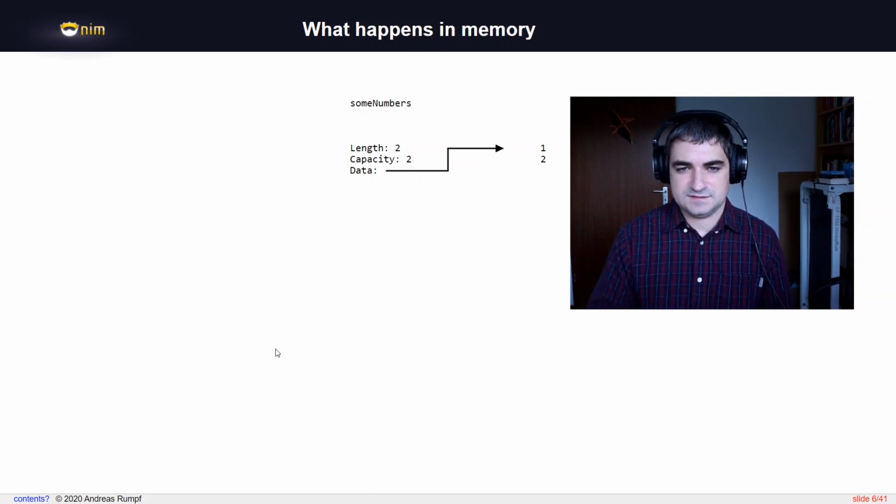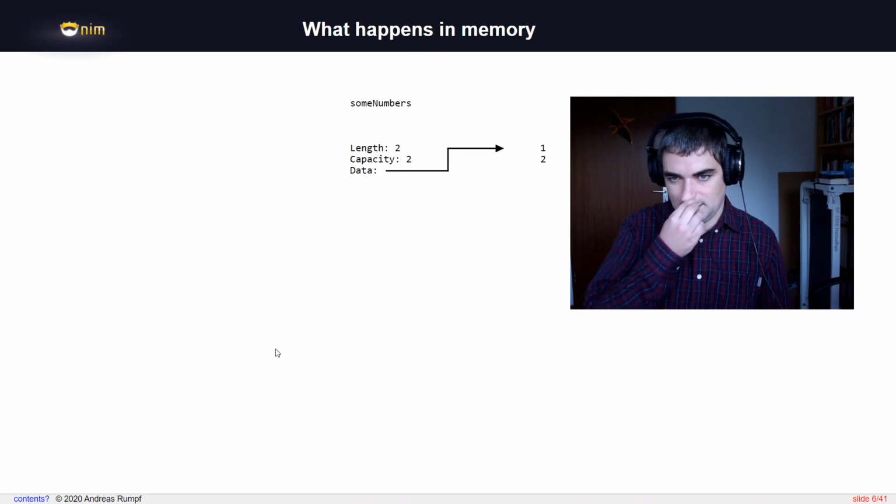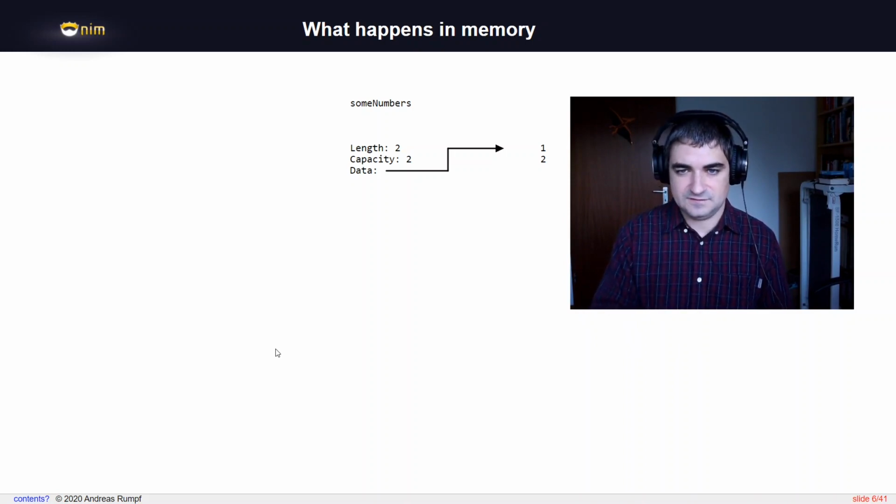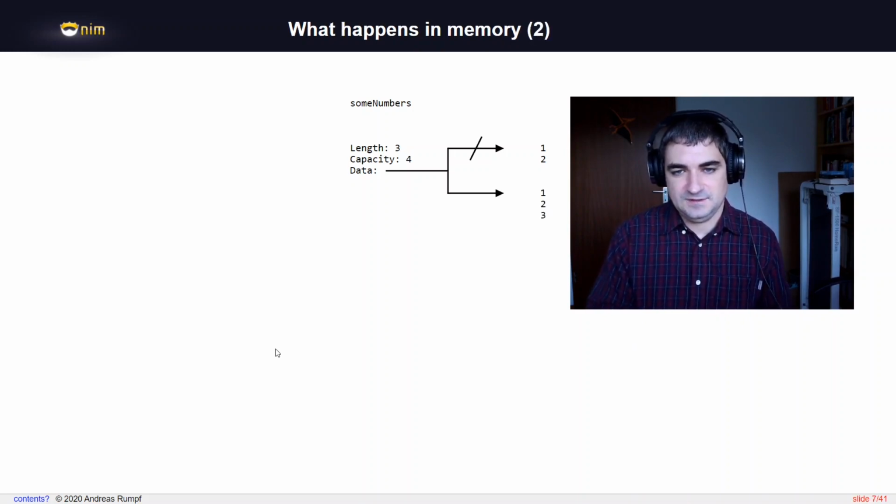And now, since the capacity is the same as the length, if we want to append the number 3 to it, we need to perform some work. Namely, we need to create a fresh block of memory, fill the values 1, 2, 3 inside them, and then we set this data pointer to the new block of memory, and we should invalidate the old pointer.